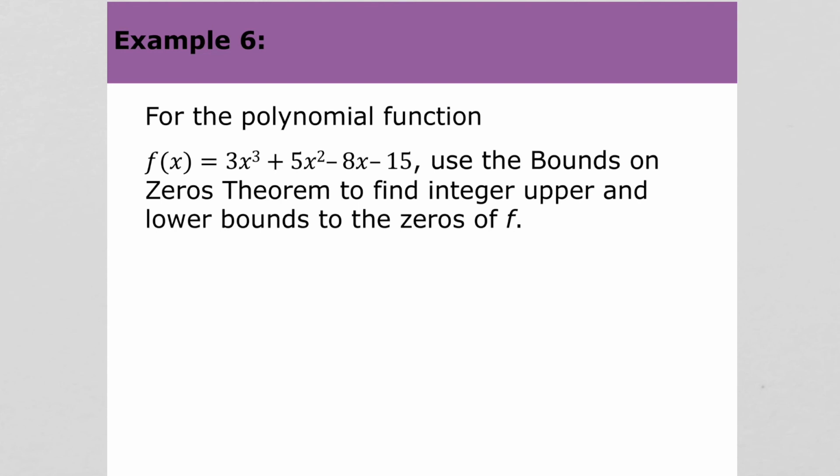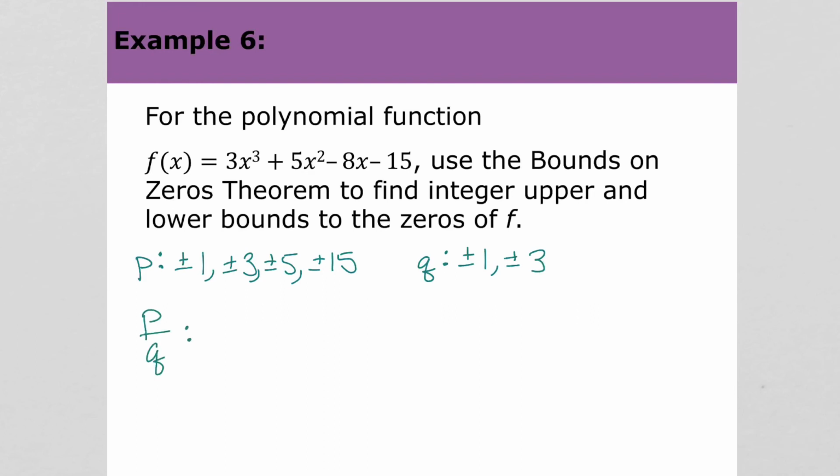So what we do is we start with our p over q's again. So p, negative 15, the factors are plus or minus 1, plus or minus 3, plus or minus 5, plus or minus 15. Q, the factors of 3 are plus or minus 1, plus or minus 3.